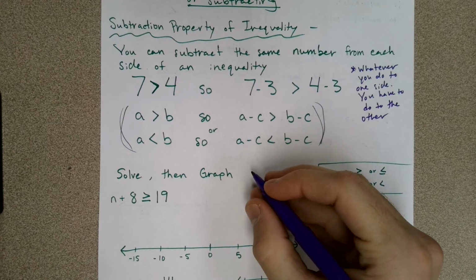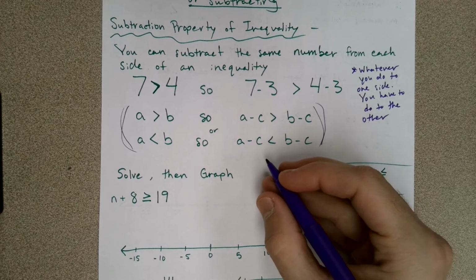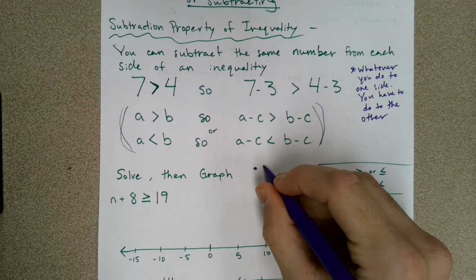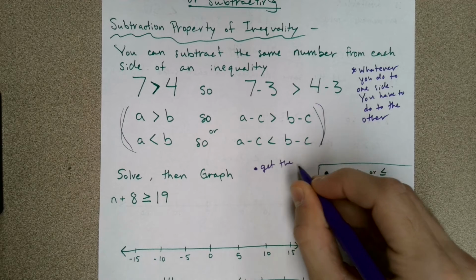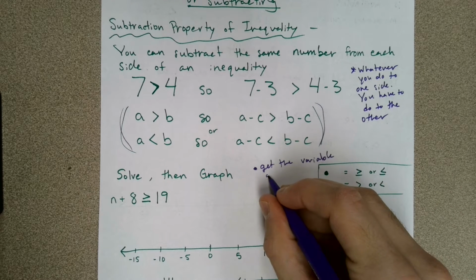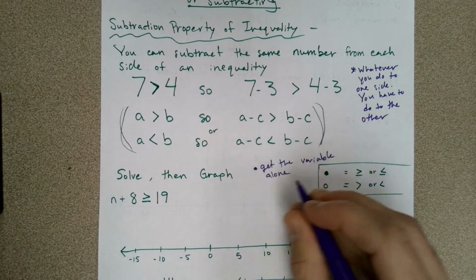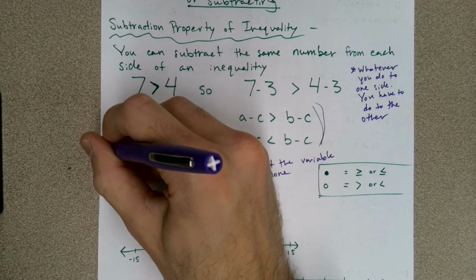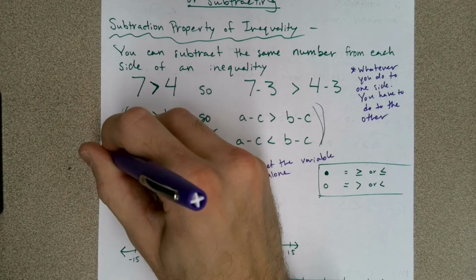Last week we talked about a few things when trying to solve these inequalities or trying to solve these equations. One tip we had was get the variable alone. We're going to be doing the same thing today. And we had a big key term that I'd like to talk about, inverse operations.